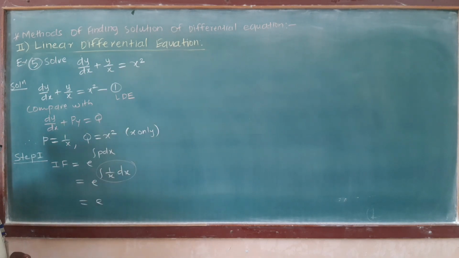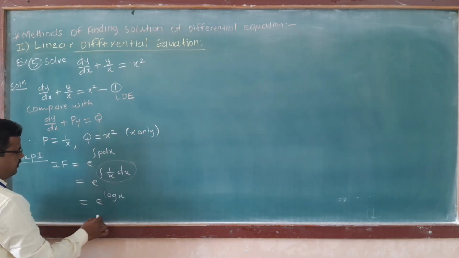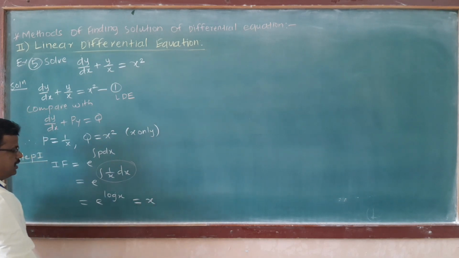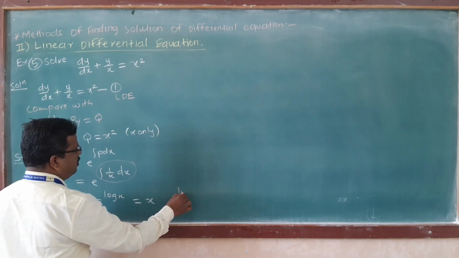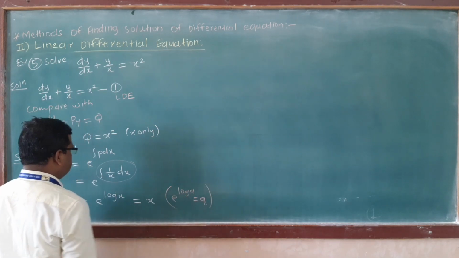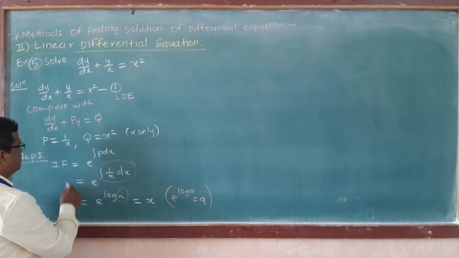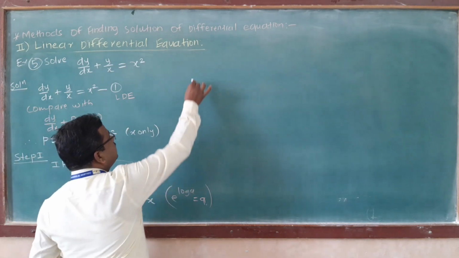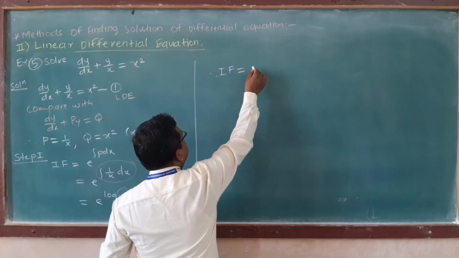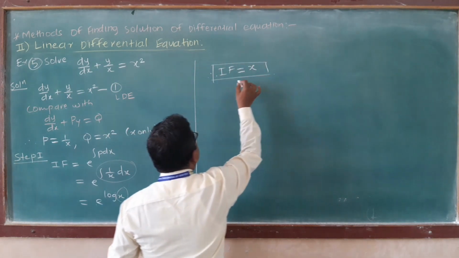Now this integration of 1/x is log x, and e raised to log x is equal to x only. So use this, e raised to log a is equal to a. Therefore e raised to log x will be x. So we get the integrating factor IF is equal to x. Now step 2.